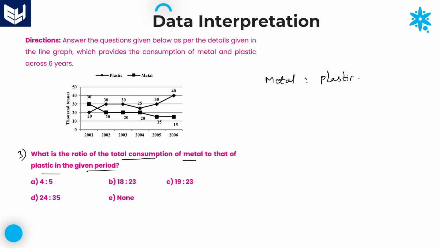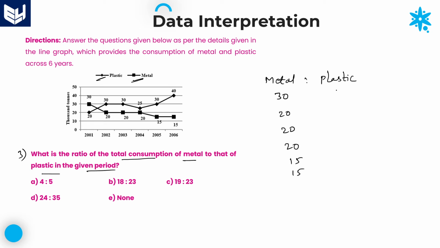First I will write all the metal values. The metal values are the ones with squares, and rhombus indicates plastic. So first I will write all the square values, the metal values: 30, 20, 20, again 20, next 15, next 15. All these are metal values.